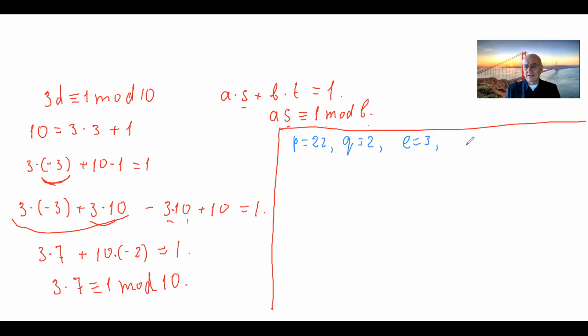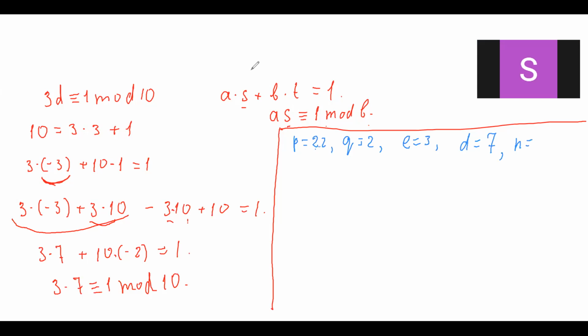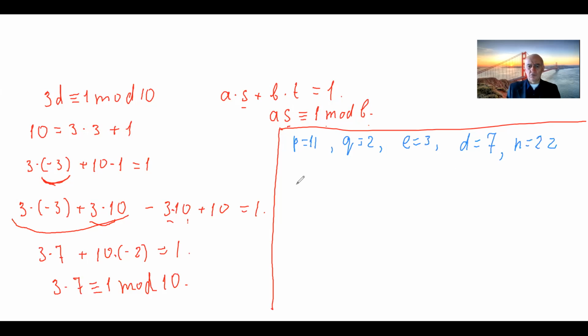And Alice has just found number D, it's 7. And of course, Alice knows number N, it's, oh, I made a mistake here. P, it's not 22, but it's 11. And Alice knows number N, it's 22.